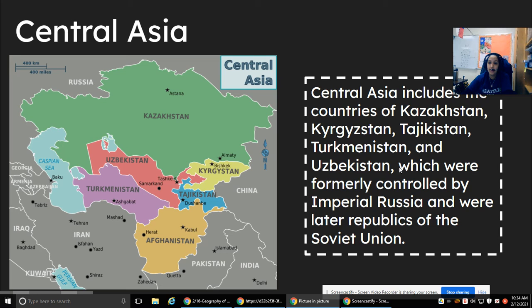Well, right here, it says which were formerly controlled by Imperial Russia and were later republics of the Soviet Union. We just talked about the Soviet Union and how people were part of them, and then they broke away when the Berlin Wall fell in 1991. All right, so just remember that they used to be controlled by Imperial Russia. Now they are not.